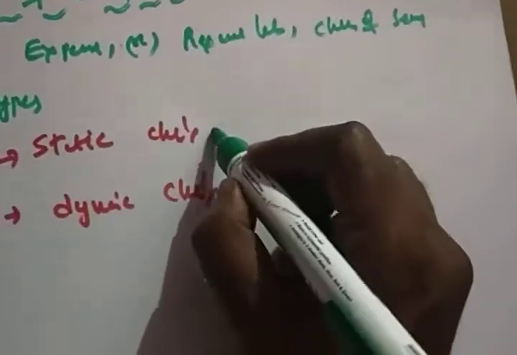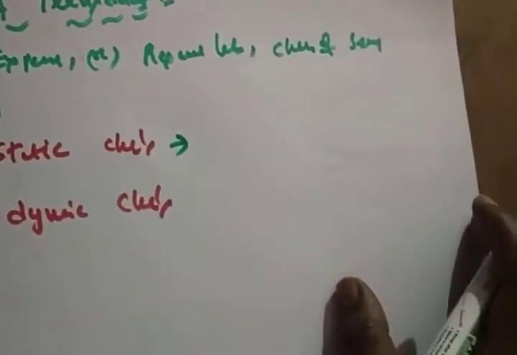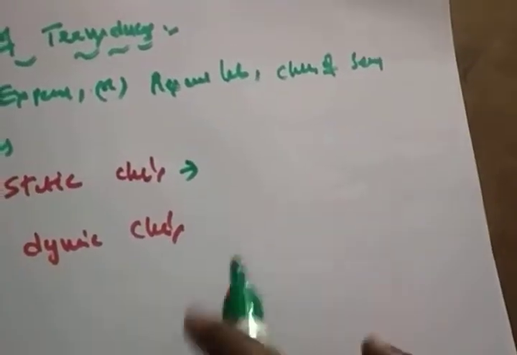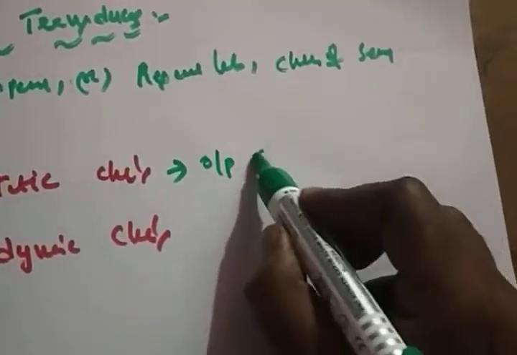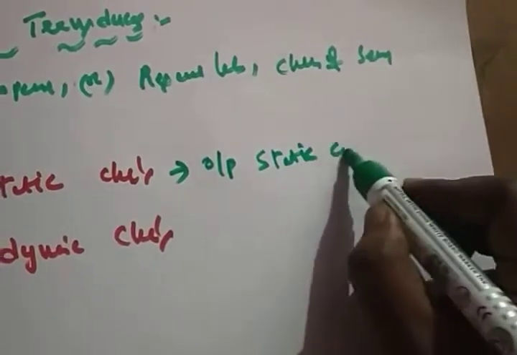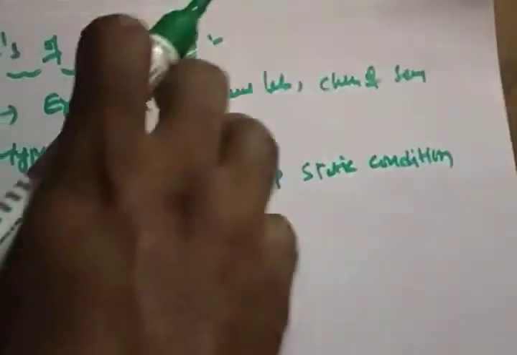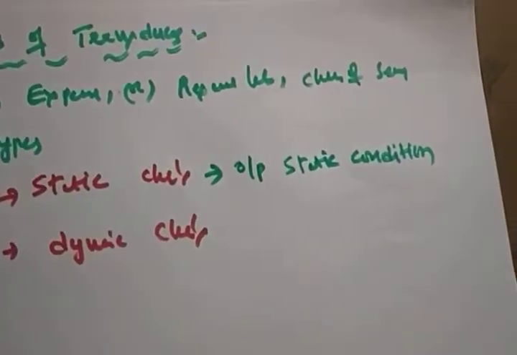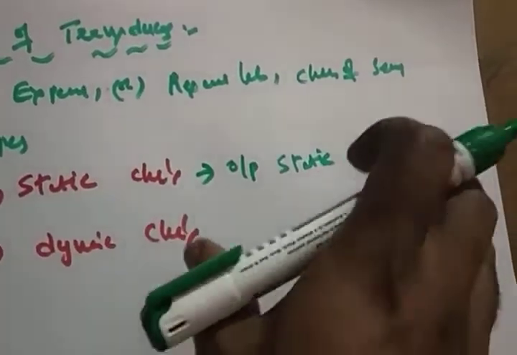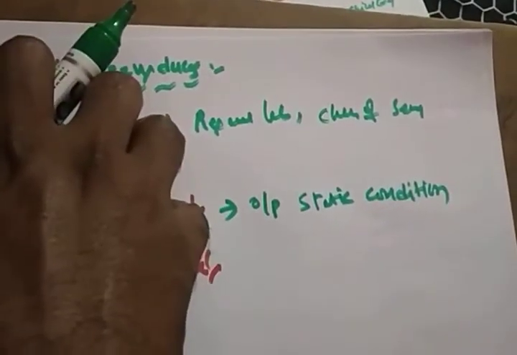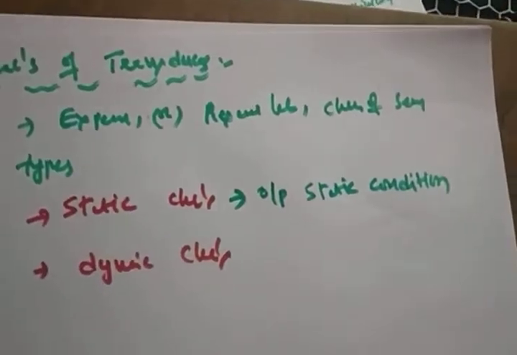So what are static characteristics? They don't depend on time. If you give an input, the output that we get is in a static condition. It means my output doesn't depend on how the input varies with time.